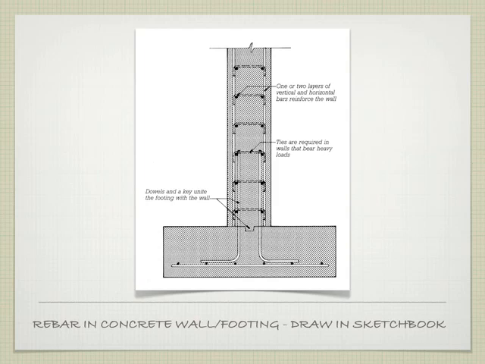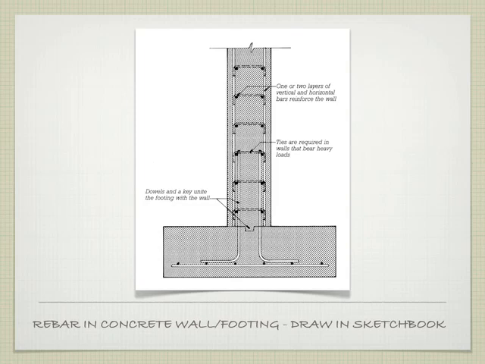So the idea is that we've got a wall. It's going to end up meeting a footing down at the bottom. Something like this. So I would label this footing, and we'll call this wall.